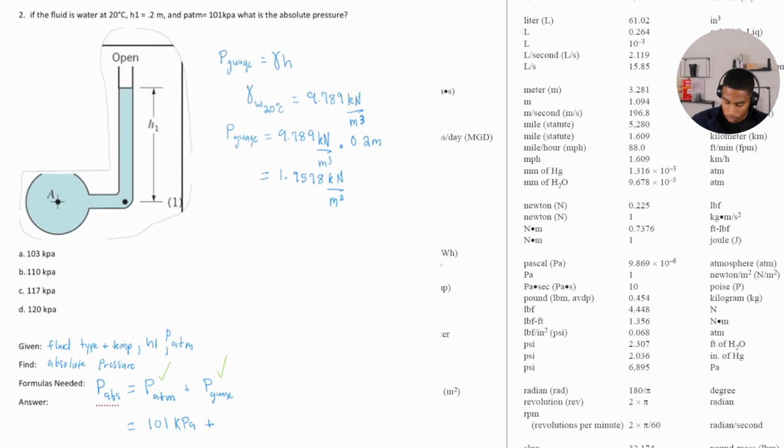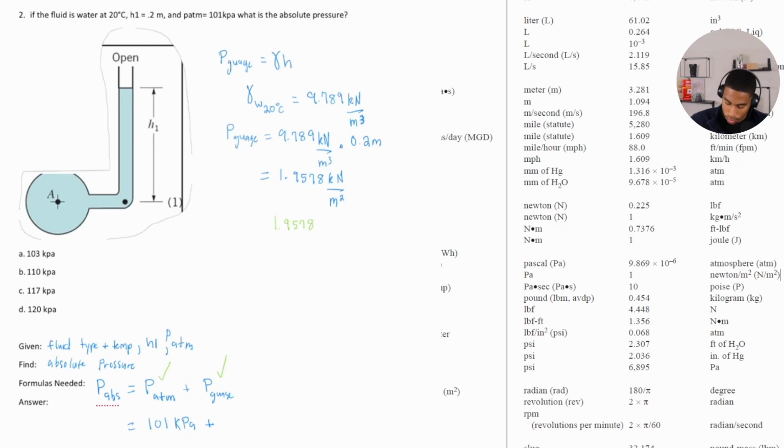So that means that if I have 1.9578... Clearly I'm tripping.